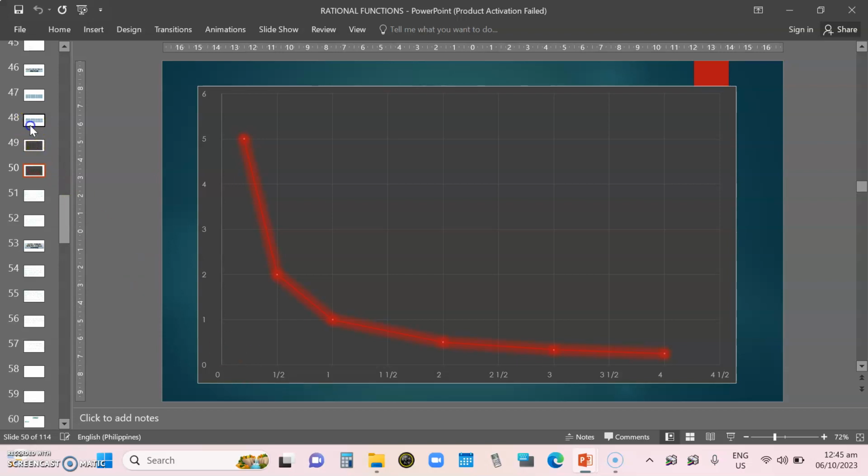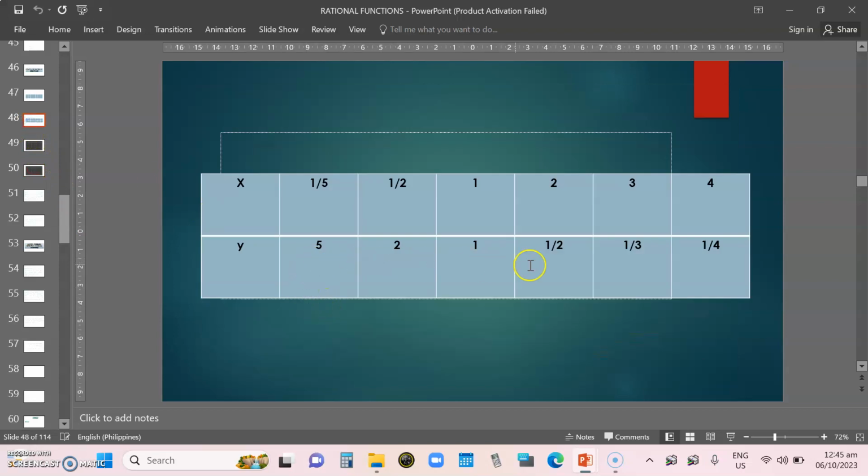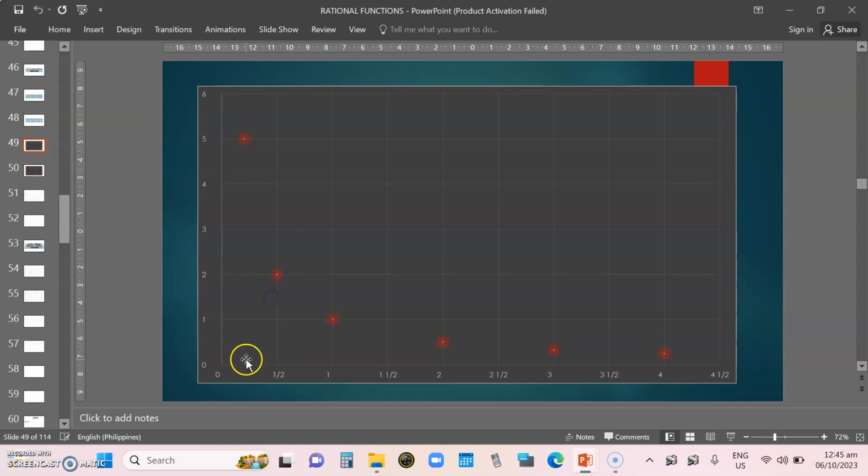If you noticed, the values of our y are all positive. Then, let's go back. Again, this is your 1/5, then 5 units up: 1, 2, 3, 4, 5. As you have noticed, if I point the mouse here, we have 1/5, 5. Clear?